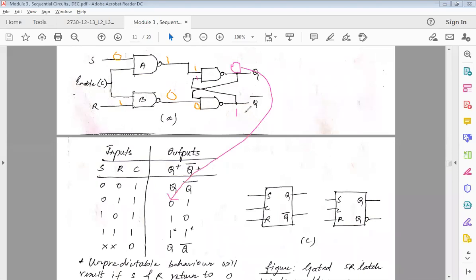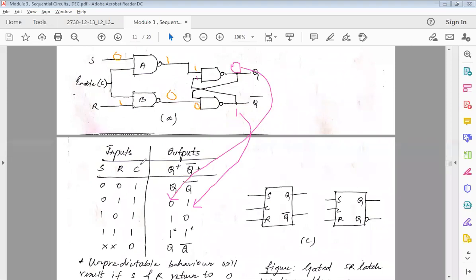Students, are we getting those values? Yes. So this is how you can analyze different values and check.